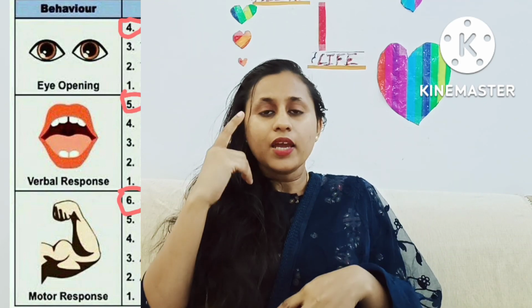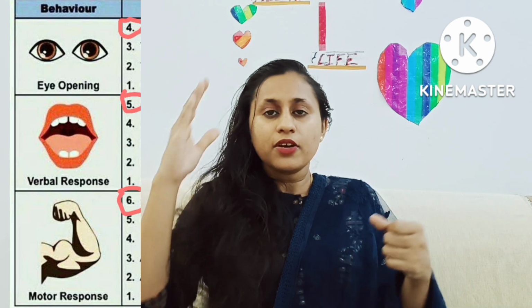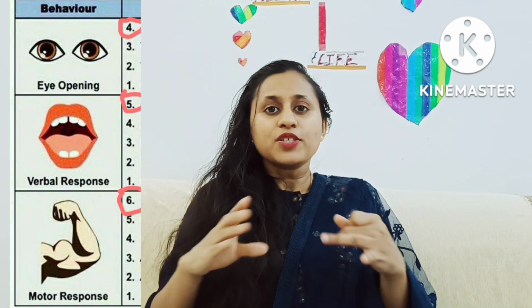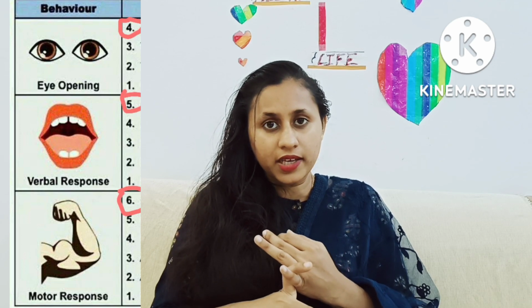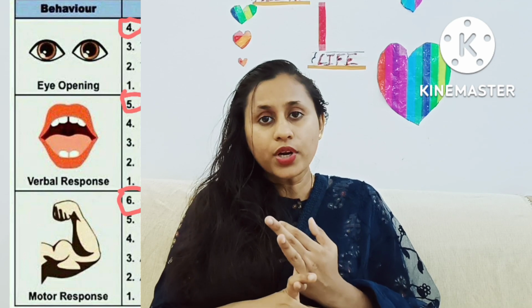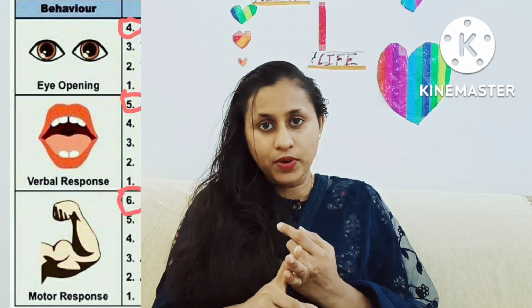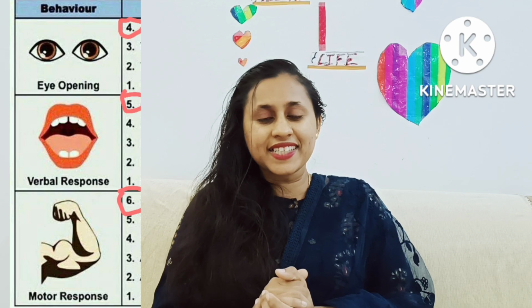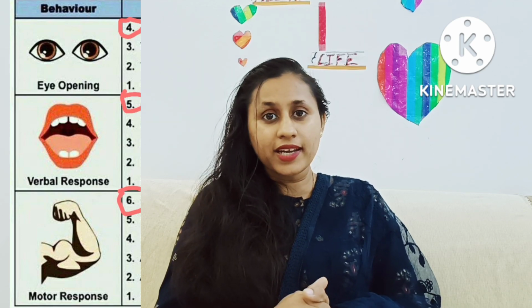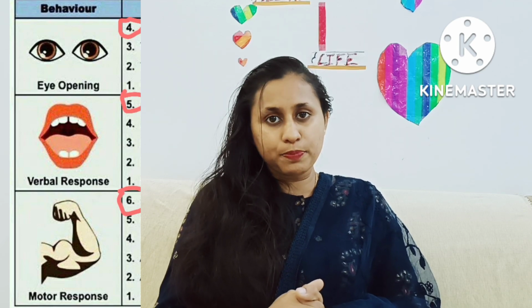So eye, verbal and motor response, 4, 5 and 6. The score goes like this: the highest score for the eye response is 4, for the verbal response is 5, and for the motor response is 6. Now let's see how you can remember these responses.